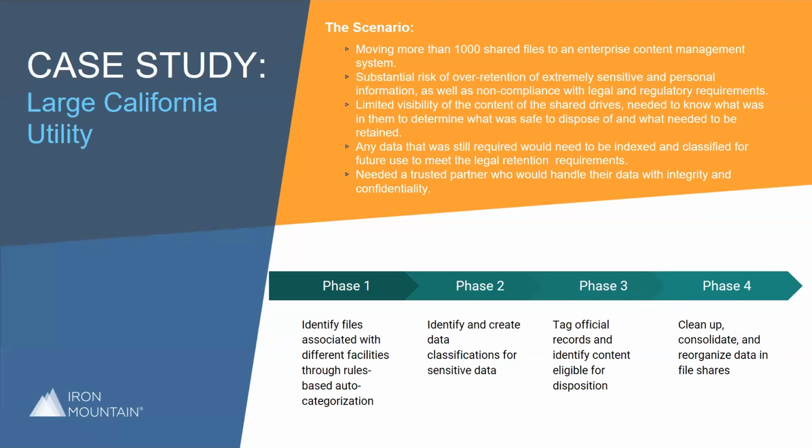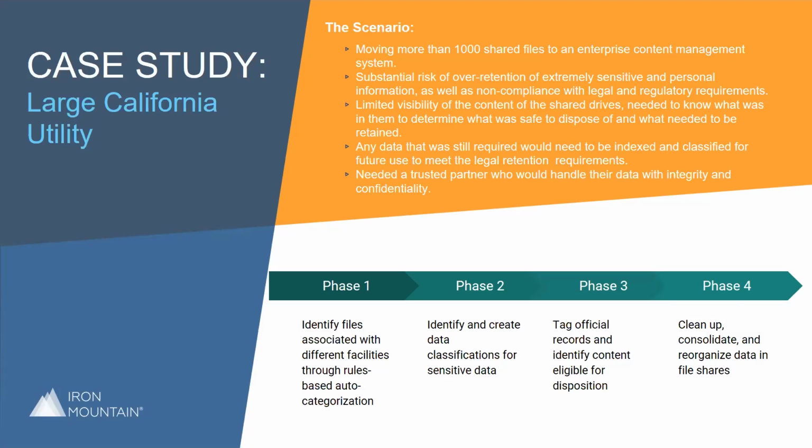Phase one was to identify what was out there, look at the files that are associated with different facilities, and use a rules-based auto-categorization process to identify what was out there.